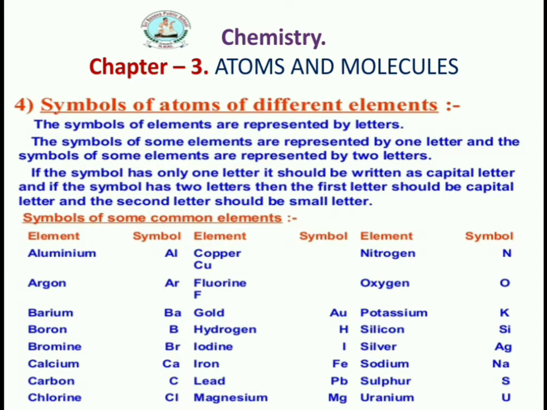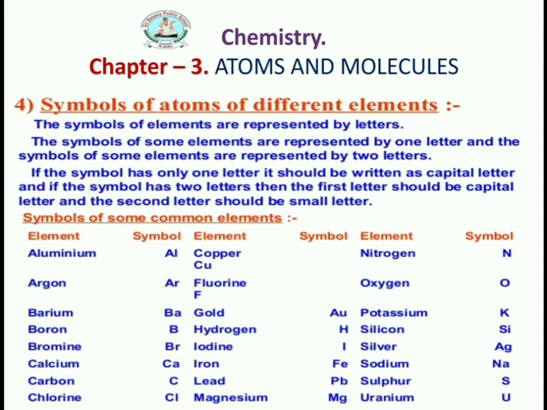Now I will recall what we mean by element. An element is a substance that cannot be decomposed into simpler substances. We studied in the first chapter that pure substances are called elements because elements are made up of the same kind of atoms.